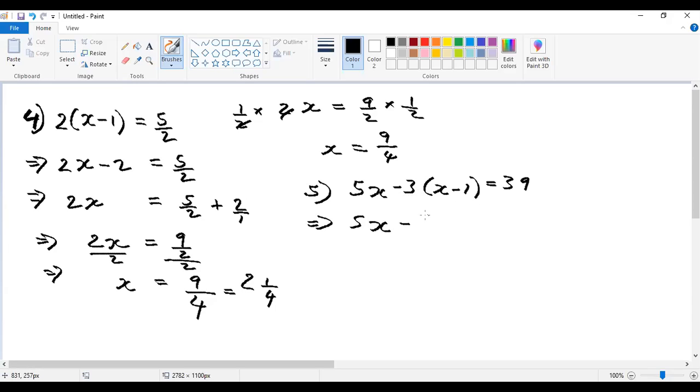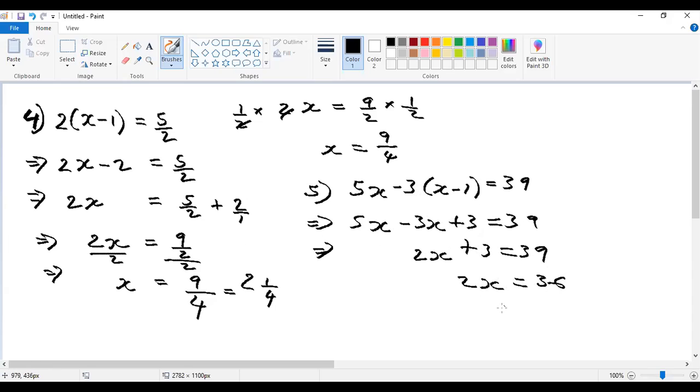So -3 times x, -3 times -1, +3. This is equal to 39. So this I can simplify: you get 2x plus 3 equal to 39, and then subtract 3 from both sides. You have 2x now equal to 36. Divide both sides by 2, and then you have x is equal to 18.